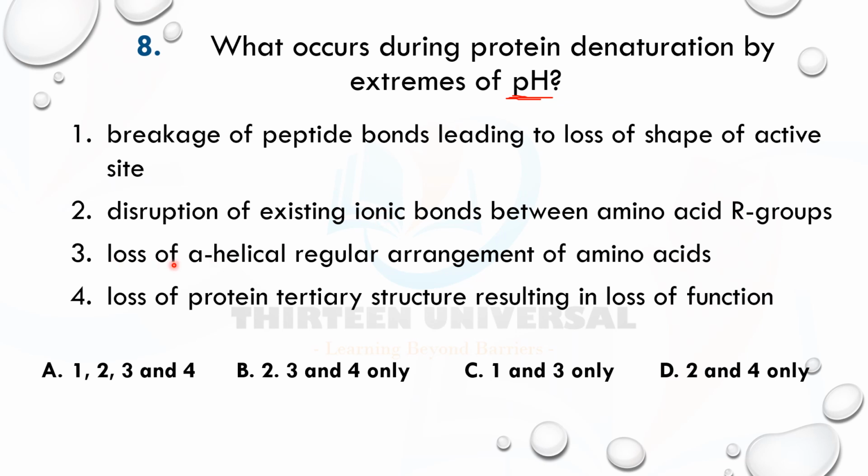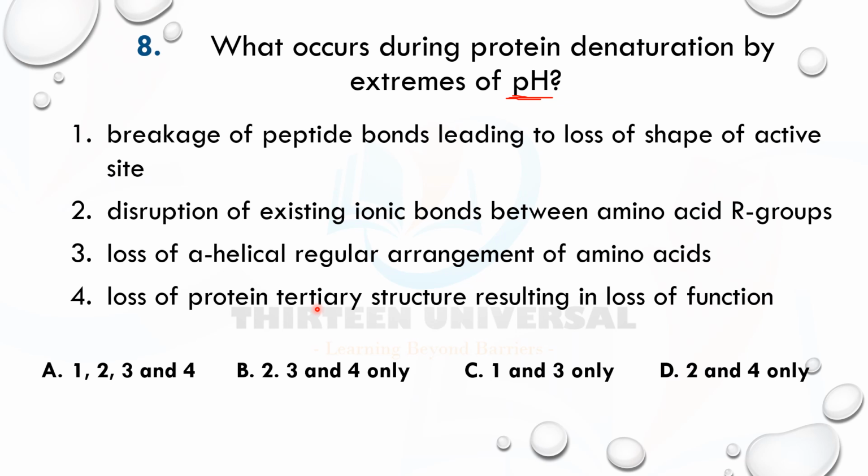Number 3 says loss of alpha helical regular arrangement. Alpha helix is a type of secondary structure. Secondary structure, guys, is formed and maintained by hydrogen bond, and hydrogen bond is broken by extreme temperature. So once there's extreme temperature, hydrogen bond will be broken and this will be lost. Yes, that's correct. Now look at loss of protein tertiary structure resulting in loss of function. This tertiary structure, which is a precise 3D shape, is formed by 4 bonds: ionic bonds, hydrogen bond, disulfide bond, and hydrophobic interaction.